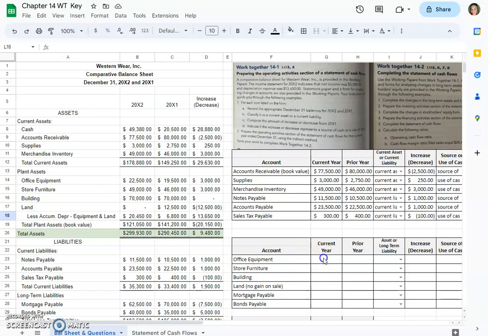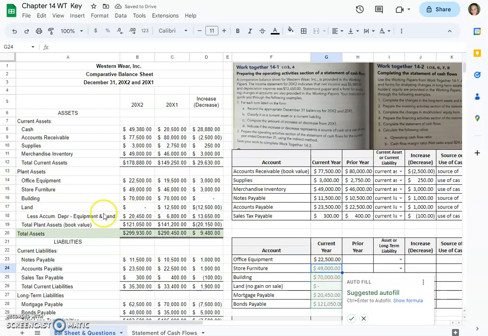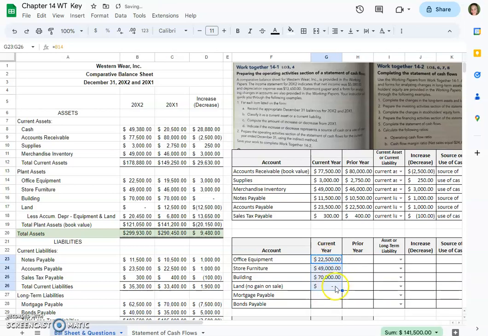So first asset, office equipment. So we'll just click equals sign and this current year office equipment, enter. Store furniture, building, and land are also from the same section, so we can just autofill that down. And then we can autofill over because these are all long-term assets.